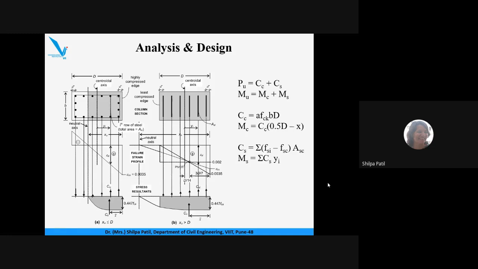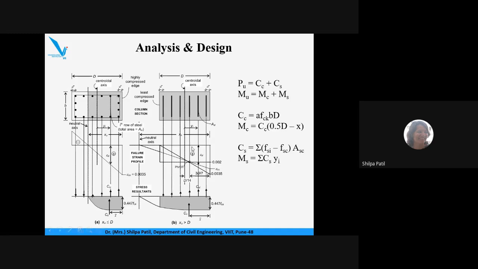That is, depending upon the depth of neutral axis, we have to select the appropriate case, then accordingly the appropriate strain diagram and stress diagram. Then, by making use of the equations, we analyze and design the column. This is the first method, and the second method is by making use of the interaction curves. We will discuss the first method first.